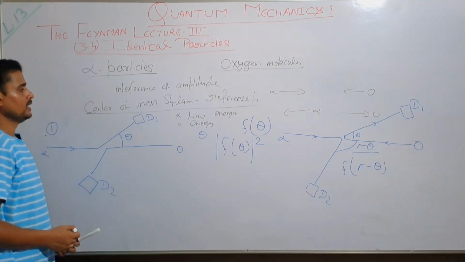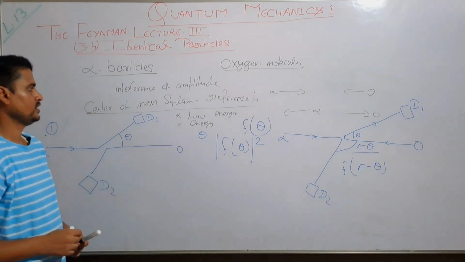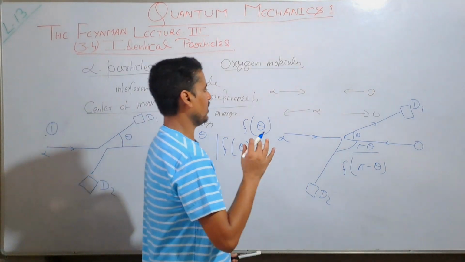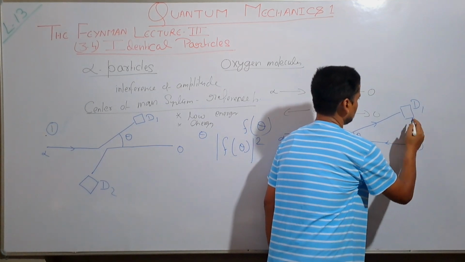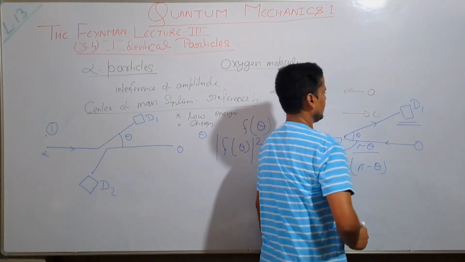If the angle is theta, then the amplitude is f theta and the probability is f theta whole square. Then we can ask, what is the probability of getting some particle, either alpha particle or oxygen molecule, at detector D1?